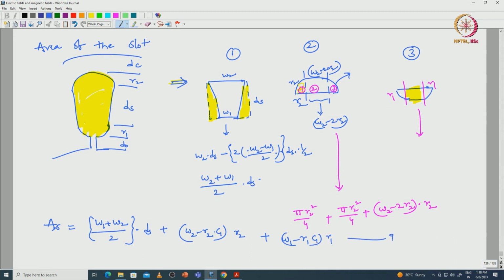This is equation number 9. Here C1 is a constant which is equals to 2 minus pi by 2. Solve this term 1 and term 2 and term 3 with respect to the different areas. Then final area of the slot we will get in this manner. Okay, this is the area of slot.